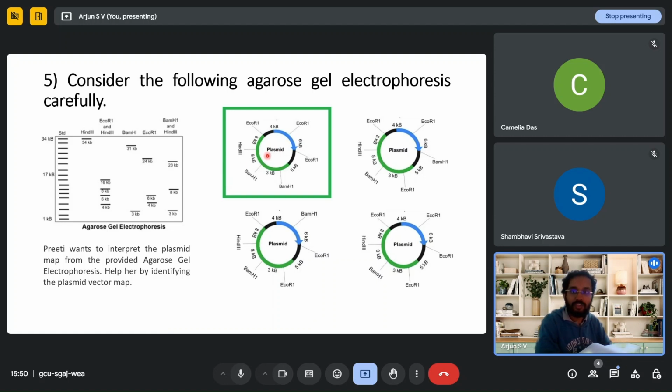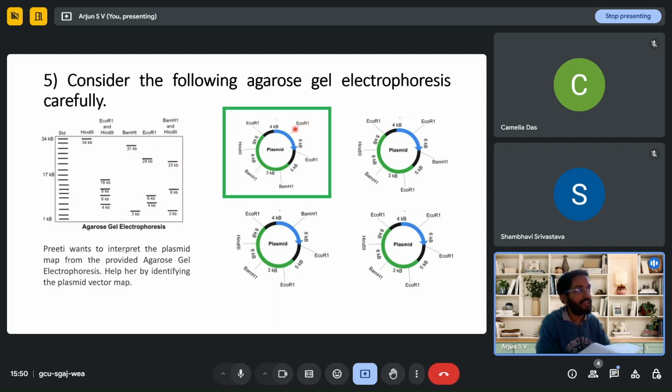Yeah. If you try to put in all the other cases as well, like EcoR1 and Hin3, or BAM H1 and Hin3, this will also follow the same pattern. We can just see EcoR1, for example. EcoR1 says that it has 24, 6 and 4 kilobases as the fragments. So if EcoR1 is cleaved, we can see what happens.